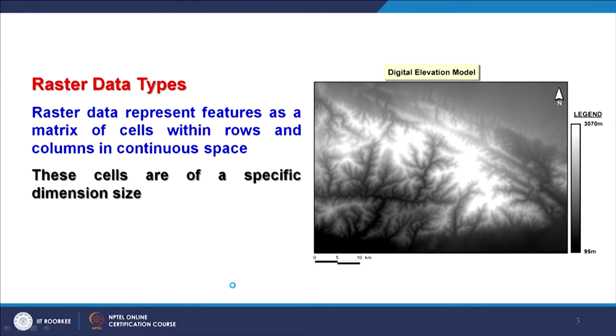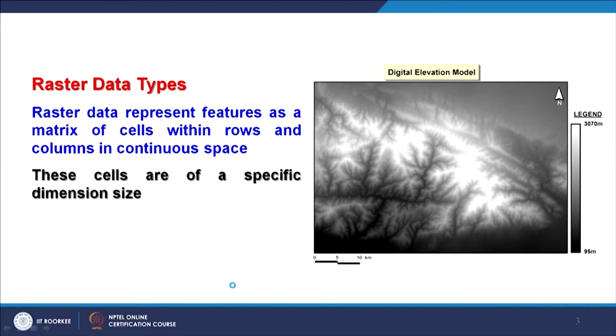There is a question that will come about the spatial resolution, and of course we will have more discussion on this. If the dimension, the equivalent ground area of a cell, is very small, then we call it high spatial resolution, and if the ground area coverage of a single cell is large, then we call it coarse resolution, and these are relative terms. For someone 10 meter may be high resolution, but for another person 10 meter may be coarse resolution.